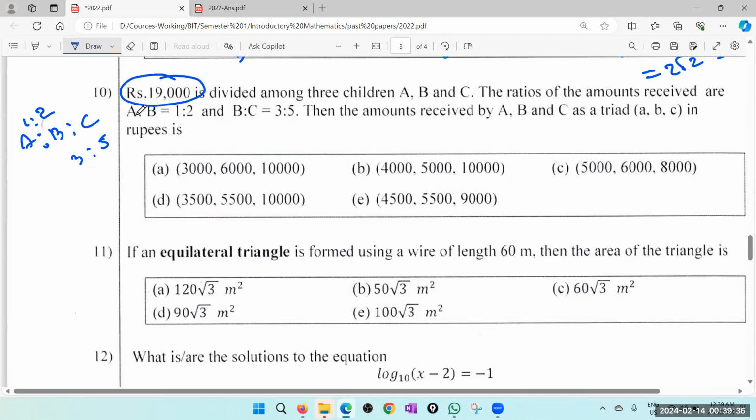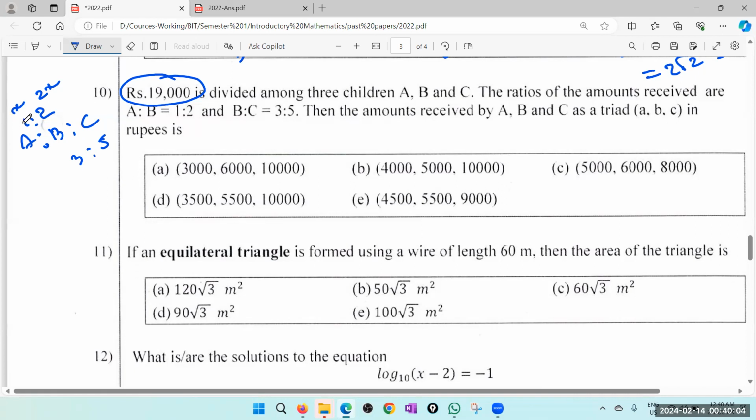So when A gets x, B gets 2x. But this is 2 to 3. Basically B to C, now this is 2x. At the same time, if I take this one as maybe 3 to 5, this is 1 to 2, this is 3 to 5.